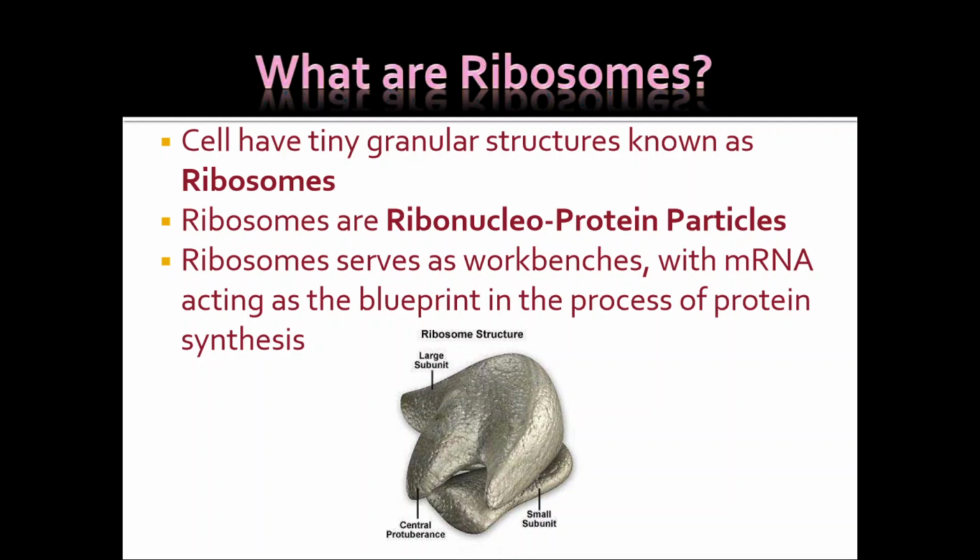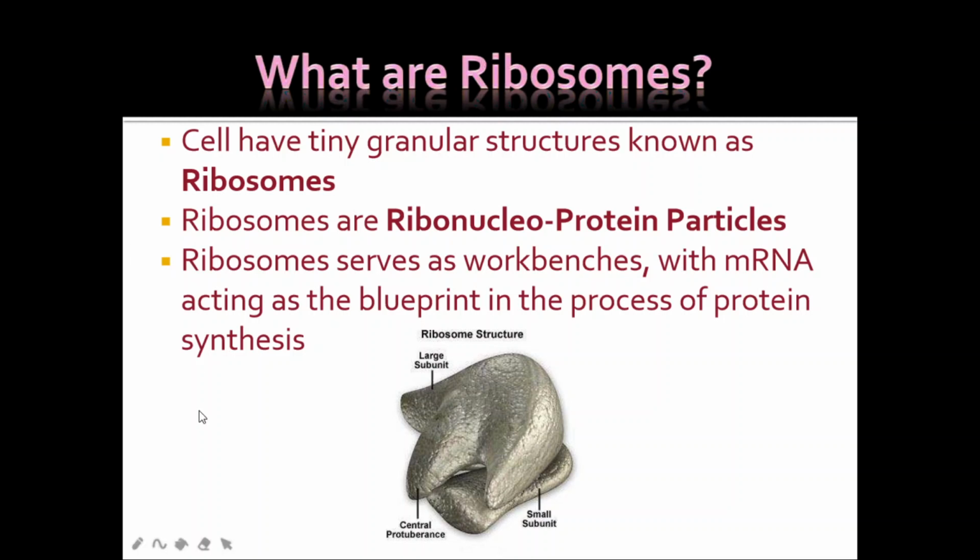The structures we have studied till now are Golgi complex, endoplasmic reticulum, mitochondria, nucleus, and now I am going to explain the structure of ribosomes, which are present on the endoplasmic reticulum, and hence the reticulum is called rough endoplasmic reticulum due to the presence of these granules of ribosomes.